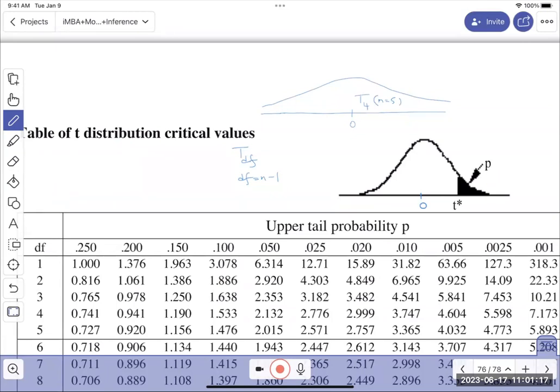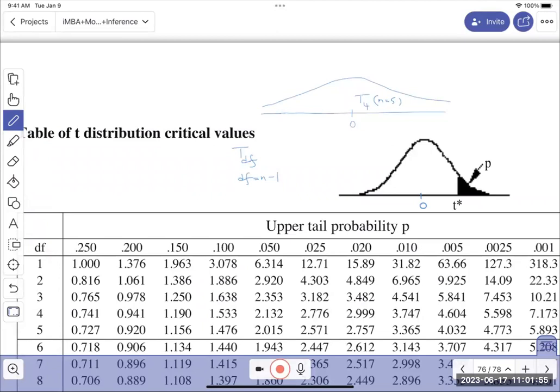0 is always in the center. And notice across the top here are the upper tail probabilities. And here are the critical values. So it's opposite to the Z table where I have the probabilities inside the table and the critical values or the scores on the margins, it's reversed. So here are the probabilities on the margin and here are the critical values.